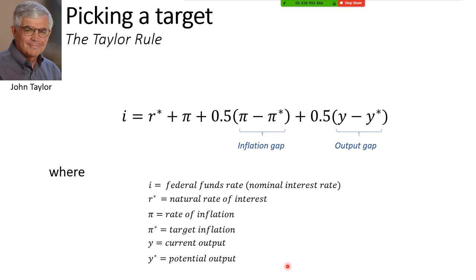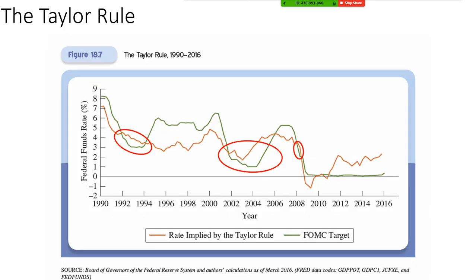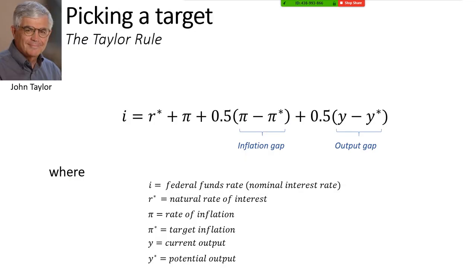Now the figure on this slide, I'm just going to compare his formula to the actual Federal Open Market Committee or Federal Reserve target for the federal funds rate. So this is actually right from your text, figure 18.7.